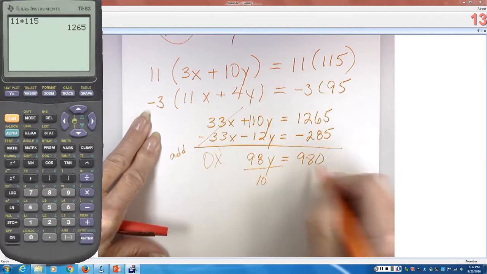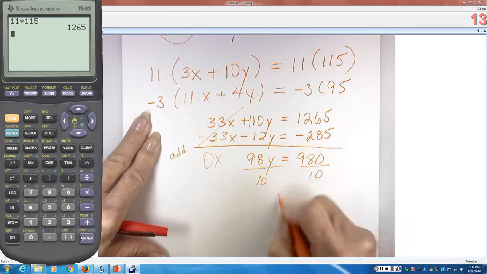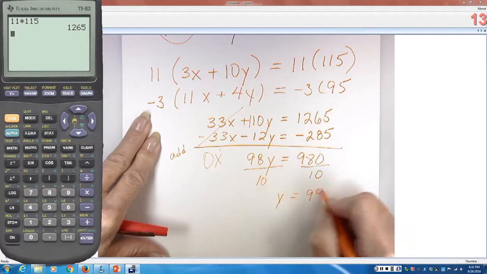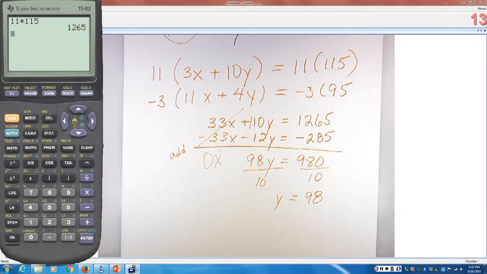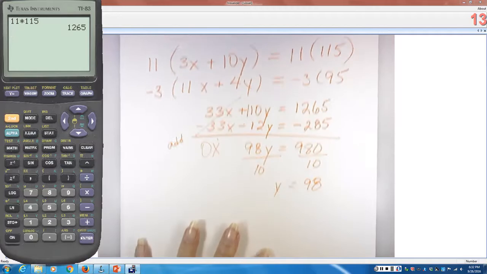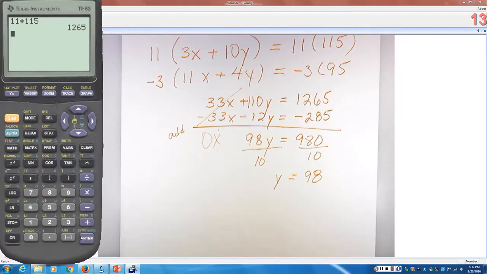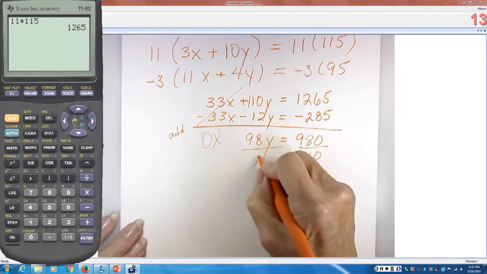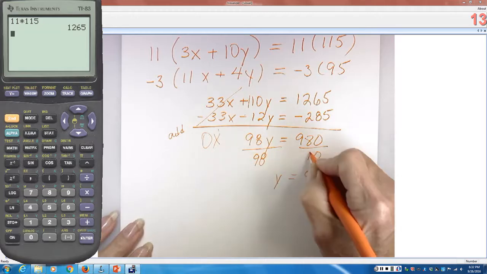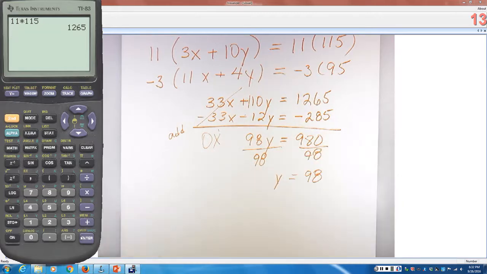Divide both sides by 98, and I'll find that y is equal to 10. That's exactly what I showed you a minute ago. Okay, is everybody good with that so far? Why would you divide it by 10? Why, you wouldn't, I'm sorry. I jumped to the answer, that's all. Because the answer's 10, my brain was on the answer being 10.